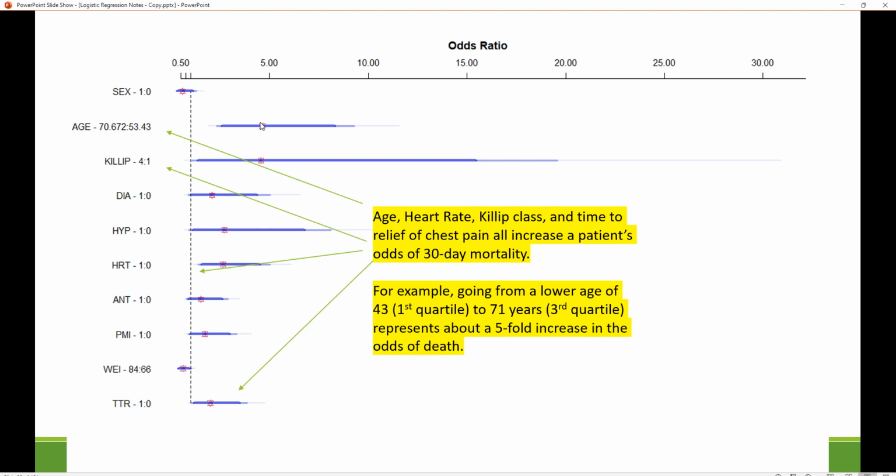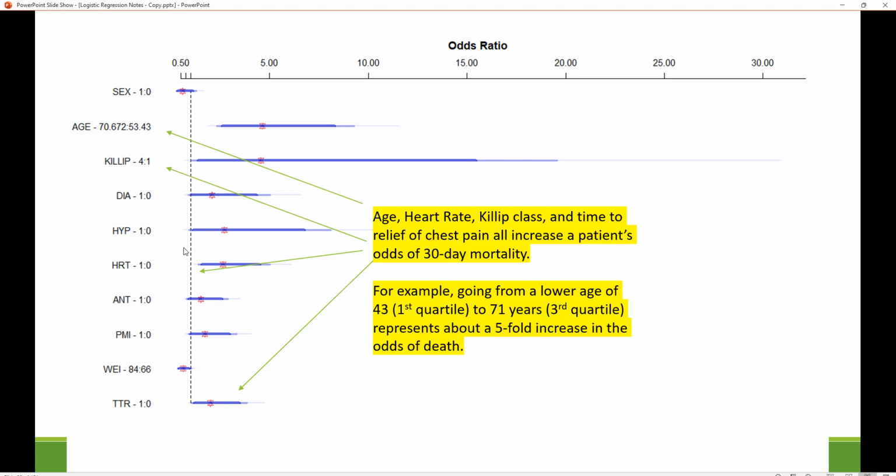So we see that red dot falls under 5, and that gray vertical dashed line that represents no difference is not found within that range of the age effect. So that's a very significant finding, that increasing in age increases someone's chance of 30-day death by 5 times.